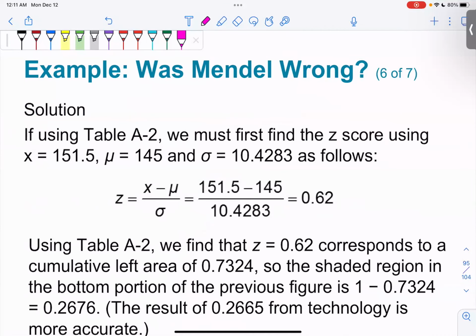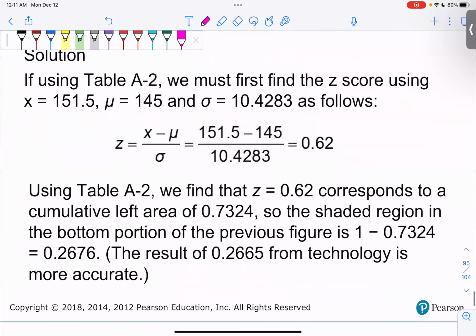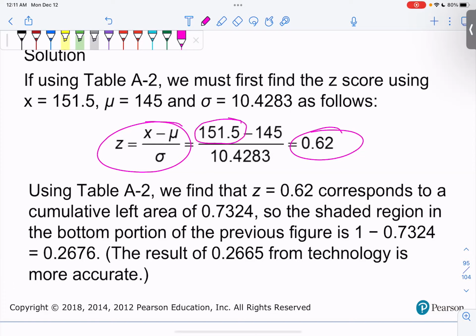And then here in this one, they use the table. We did use StatCrunch, but you can use the table too. You know how to use the table. If you want to use the table, you can find z equals x minus mu divided by sigma, and you get the value of z. Remember to use 151.5.